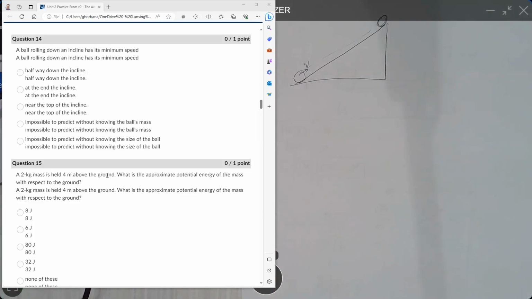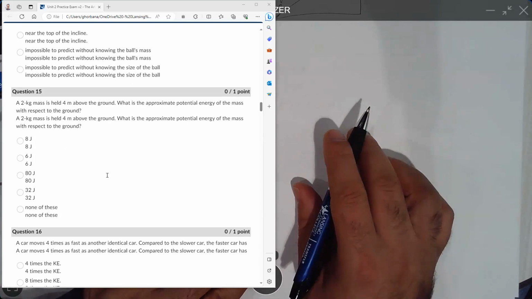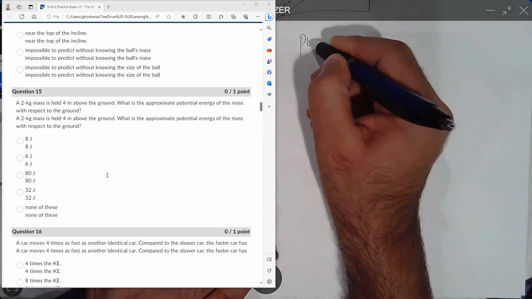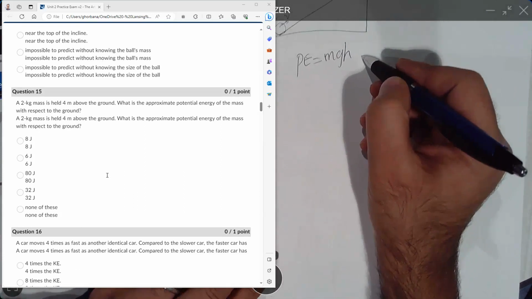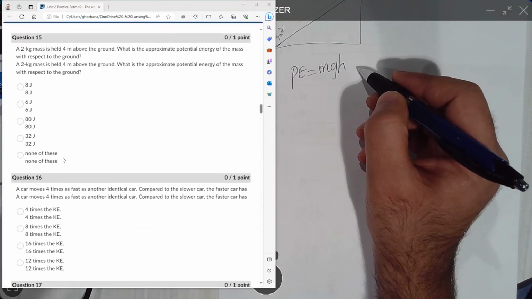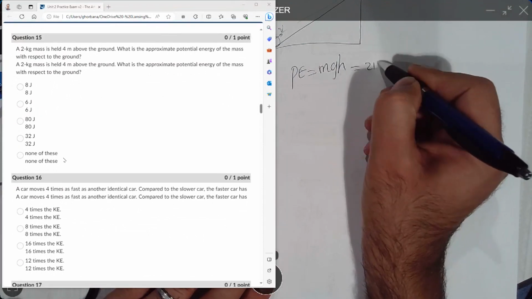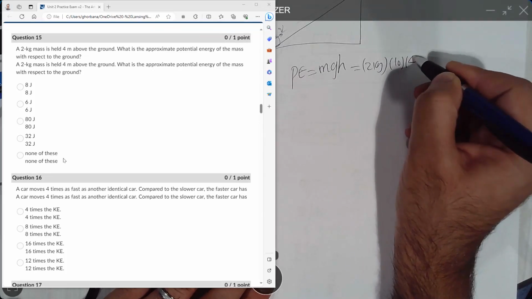Which question are we on now? Question number 15. A 2 kilogram mass is held 4 meters above the ground. What is the approximate potential energy of the mass with respect to the ground? What is the definition of potential energy? Potential energy is equal to mgh. The mass is 2 kilograms, the g is 10, and the height is 4.